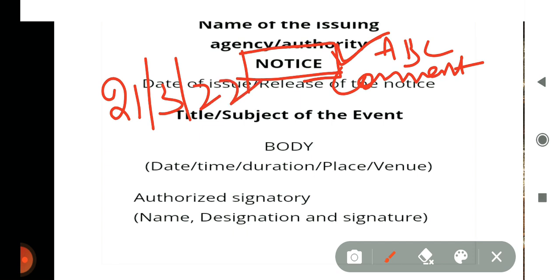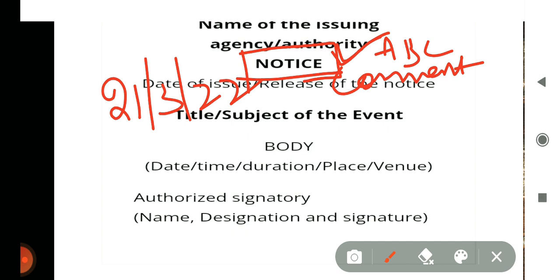Then title and subject of the event, like for example, you are writing a lost and found notice, or you are writing to invite someone, or you want to invite write-ups from the students, or there is a football match that is going to be organized in your school.